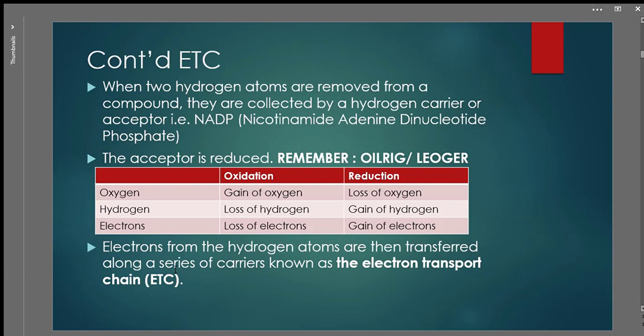Electrons from the hydrogen atoms are transferred along a series of carriers, which we refer to as the electron transport chain. We said that when the electrons are transferred from one electron carrier to another through the electron transport chain, energy is lost, and this energy is used to drive the synthesis of ATP, what we will learn in future as photophosphorylation.